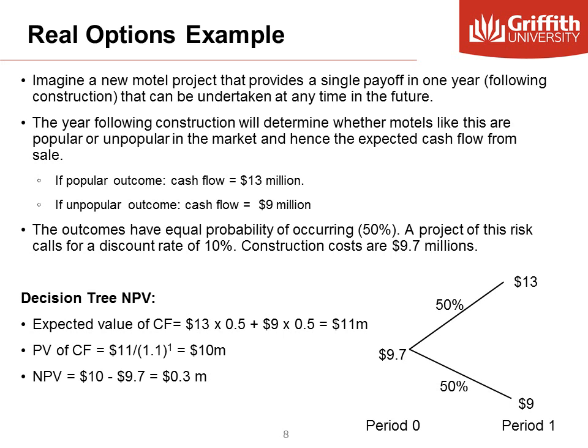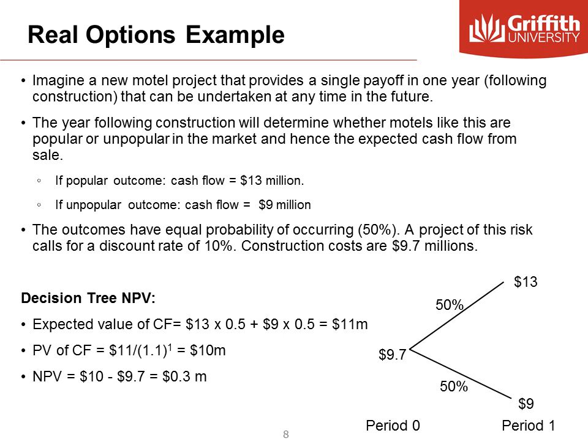Here we have the results of the decision tree NPV. The technique evaluates this project by its expected value by multiplying the cash flow with the probability of occurring. Here the expected value of the cash flow is 11 million, which is made of 13 million times 0.5 probability plus 9 million times 0.5 probability.